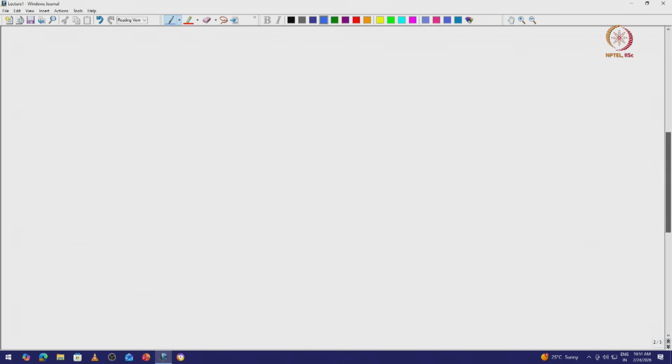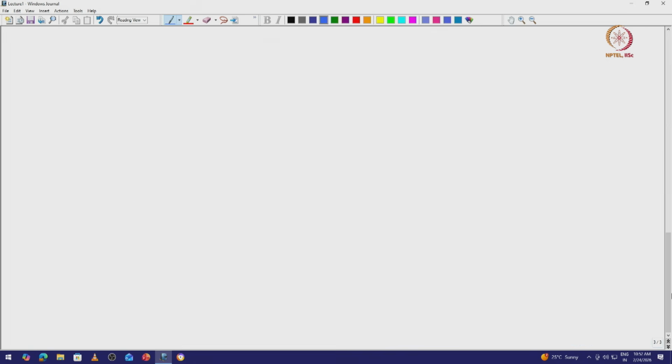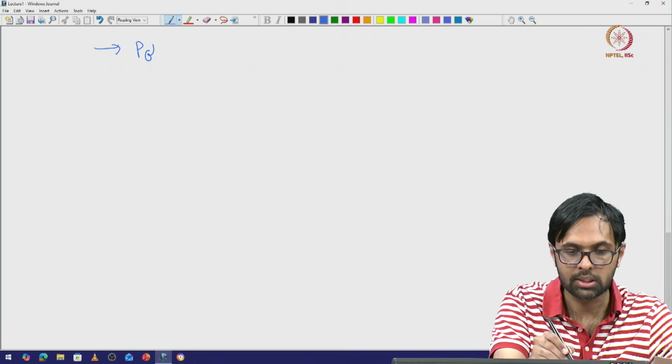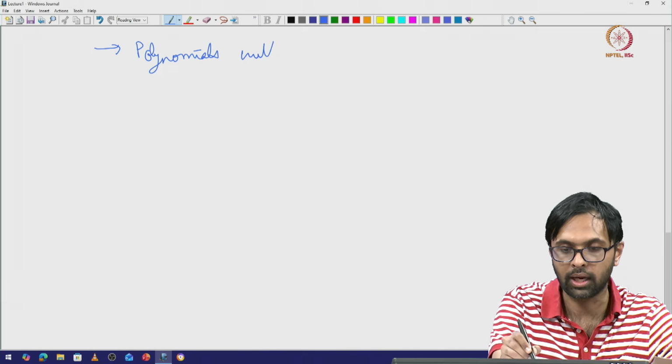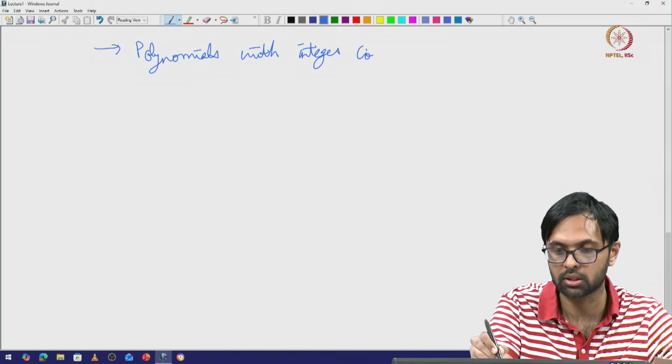So these are some examples. Let's produce a few more examples. For instance, polynomials with integer coefficients do not form a vector space.